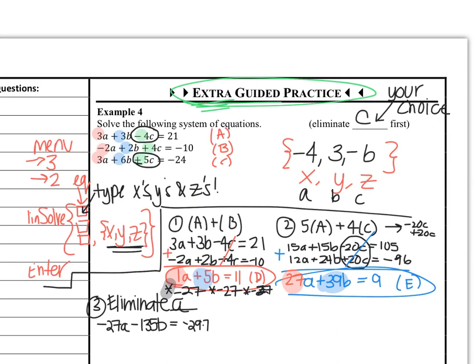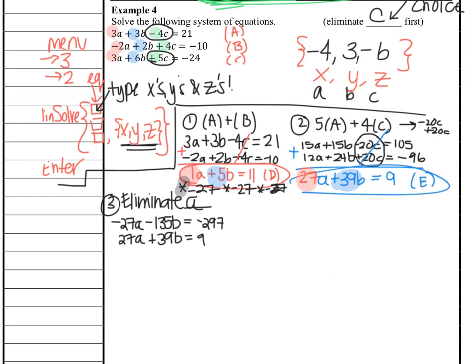I can leave equation E just the way that it is, so it's 27A plus 39B equals positive 9. So from here, we're going to add, A's cancel purposely. Negative 135 plus 39 is negative 96B.